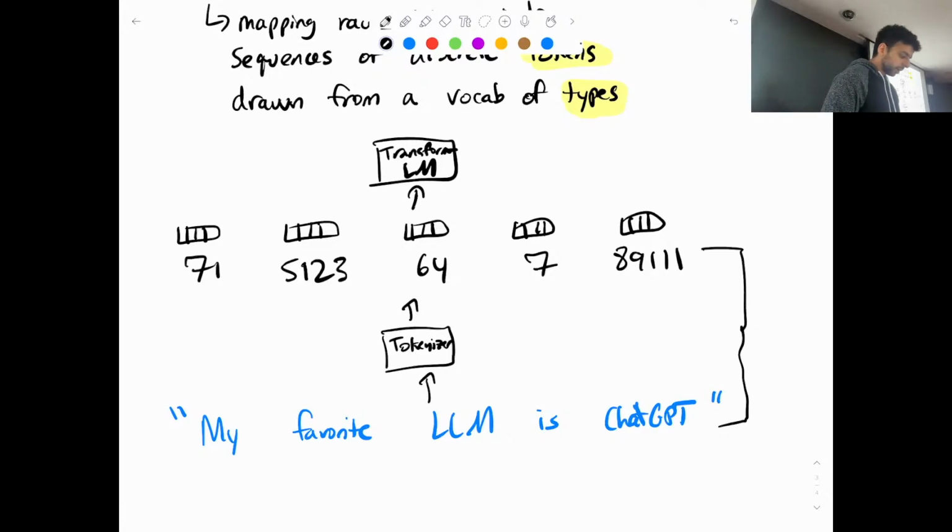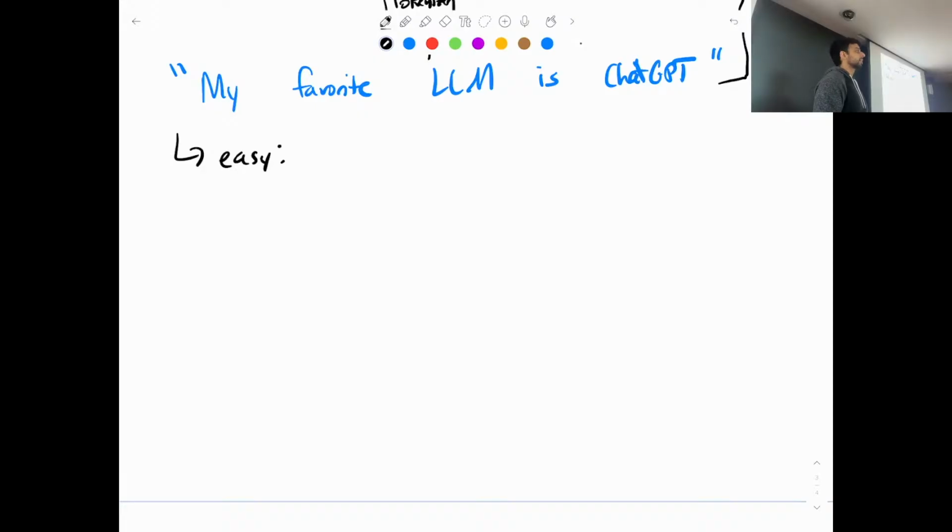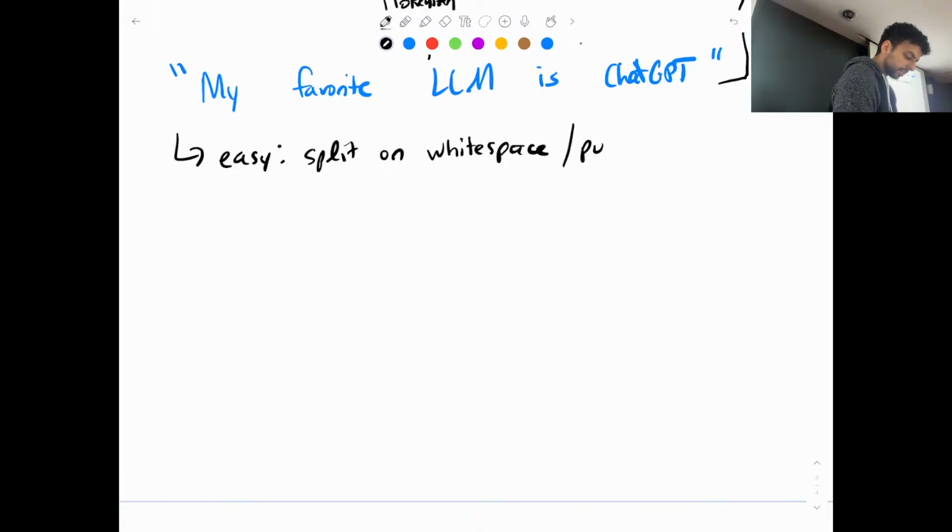So in your homework 0, we had a very easy case, right? Well, at least easy for English. It's not even feasible or viable in other languages. Split on white space, and you can make this better if you want by also splitting on punctuation.